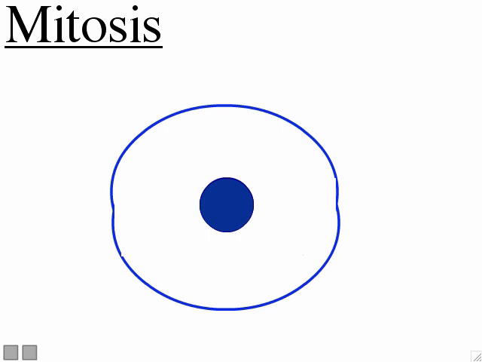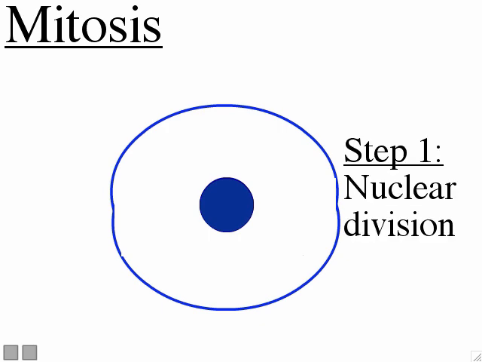The first step is called nuclear division, which just means the nucleus divides. In the nuclear division step of mitosis, the nucleus divides, and part of the divided nucleus goes up towards this end of the cell, and the other divided part of the nucleus goes down to this part of the cell.